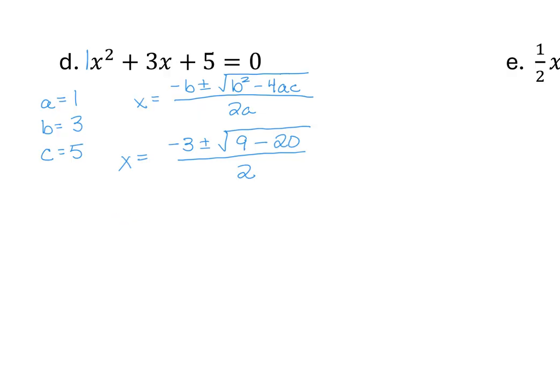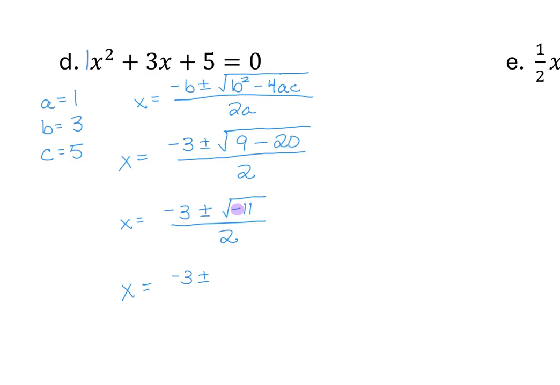All right, we go ahead and finish simplifying our square root. We get 9 minus 20 is negative 11 over 2. Square root of 11 does not simplify, but we do still have that negative on the inside, and so we just want to bring it out.